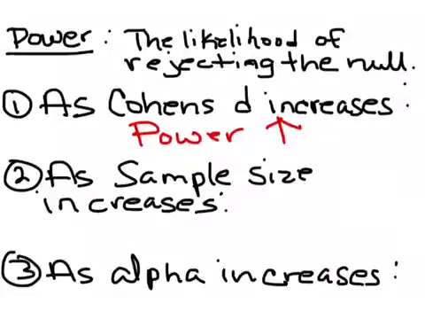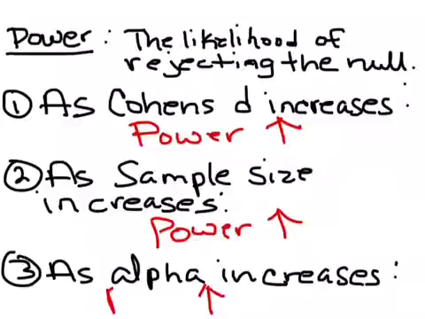So how much your sample mean differs from the population mean, the standard average. As sample size increases, your power will increase. And as alpha increases, your power will increase. So basically, if you move your alpha level from 0.01 to 0.05, your power will increase.